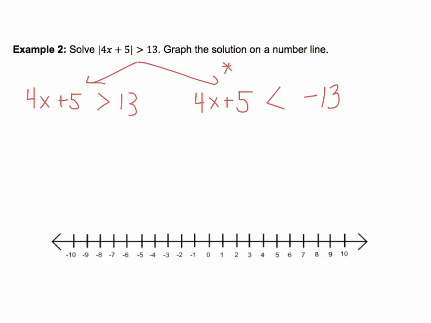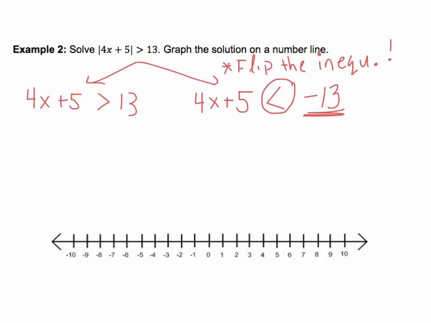On the second inequality, remember to flip the inequality. I'm just going to abbreviate inequality as "inequal." That's your little note to yourself. If you're a person who looks back at your notes when you're doing your homework and trying to remember the steps, you're going to want to write yourself a little reminder that we did flip this second inequality, and we did that because of the sign change on that right side.